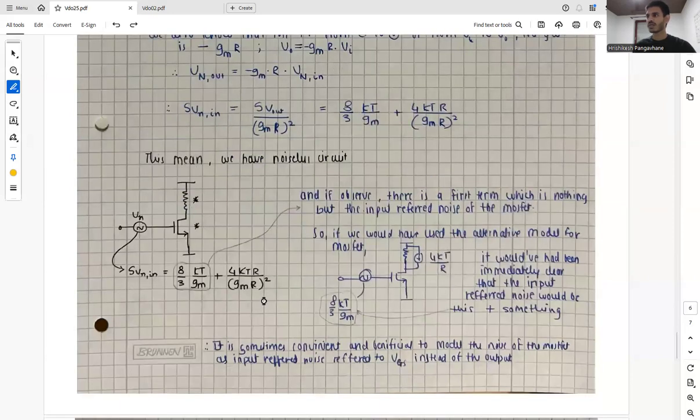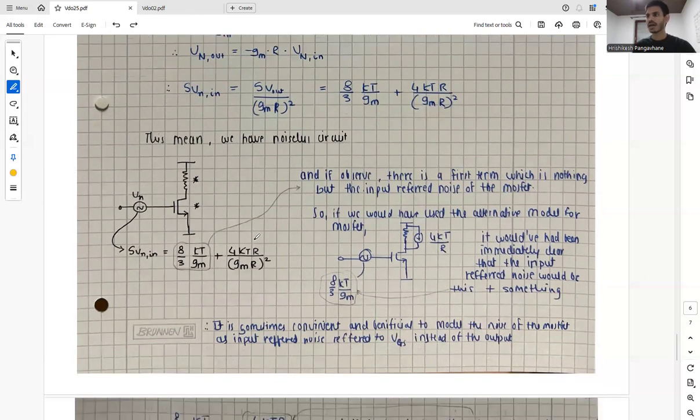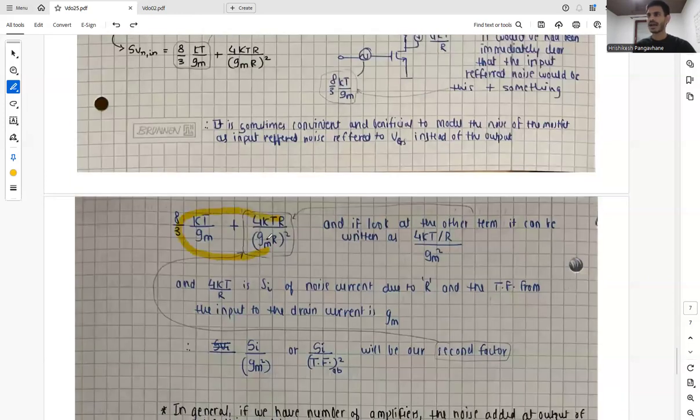So if we would have used the alternative model for the MOSFET, let's see this one, it would have been immediately clear that the input referred noise would be this value plus something. Sometimes it is convenient and beneficial to model the noise of the MOSFET as input referred noise, referred to the large signal, instead of the output parallel current. And basically we have these two terms.